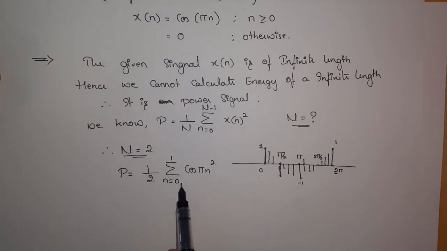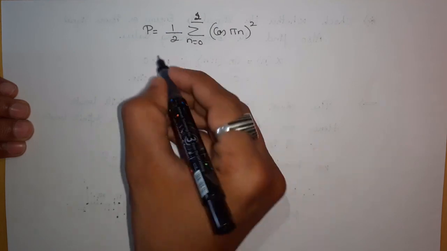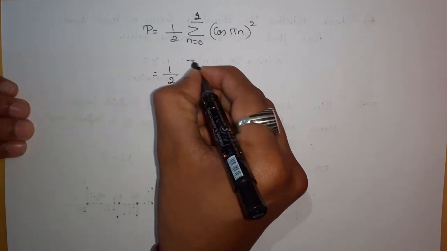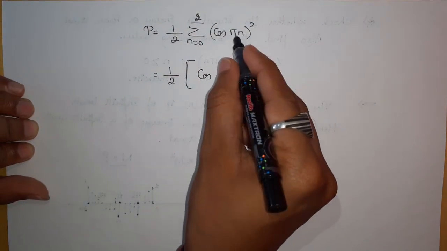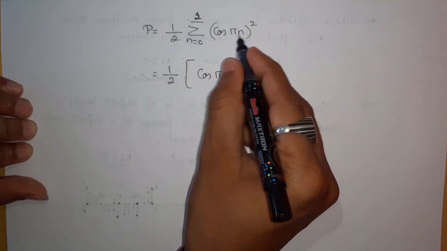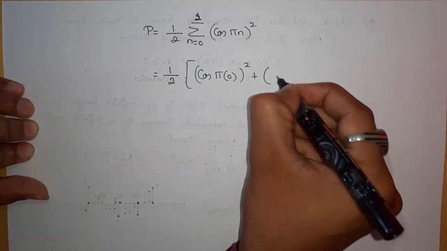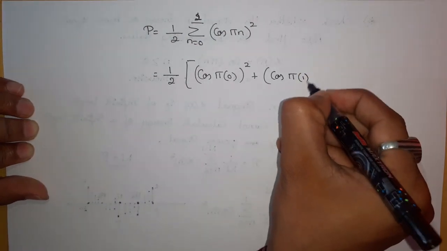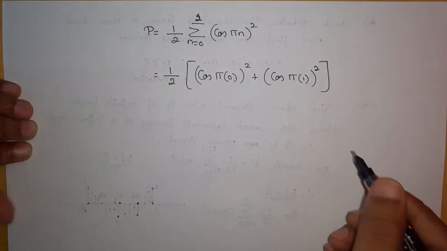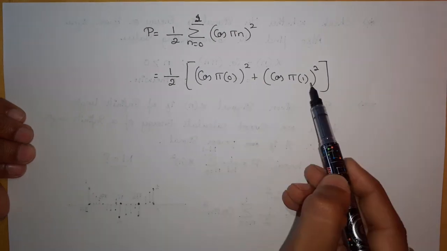Okay, substituting n is equal to 0 and n is equal to 1, you can split it, adding cos of pi into the value of n is 0 whole square, plus cos of pi into the value of n is equal to 1 whole square. We are just expanding the summation, n varies from 0 to 1.